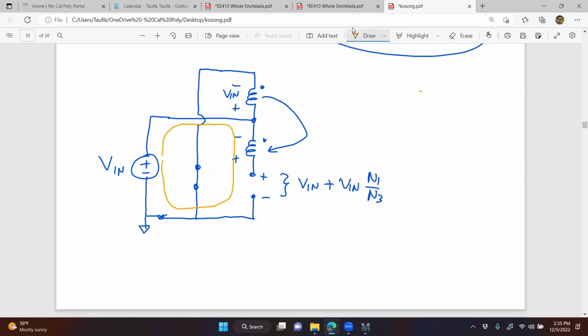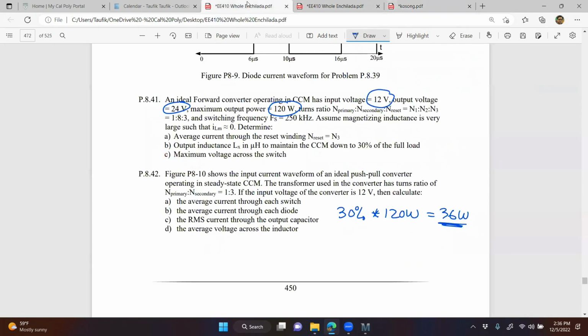V in plus V in times turns ratio, that voltage is this voltage. Right. Any question on this? No? All right. No questions?